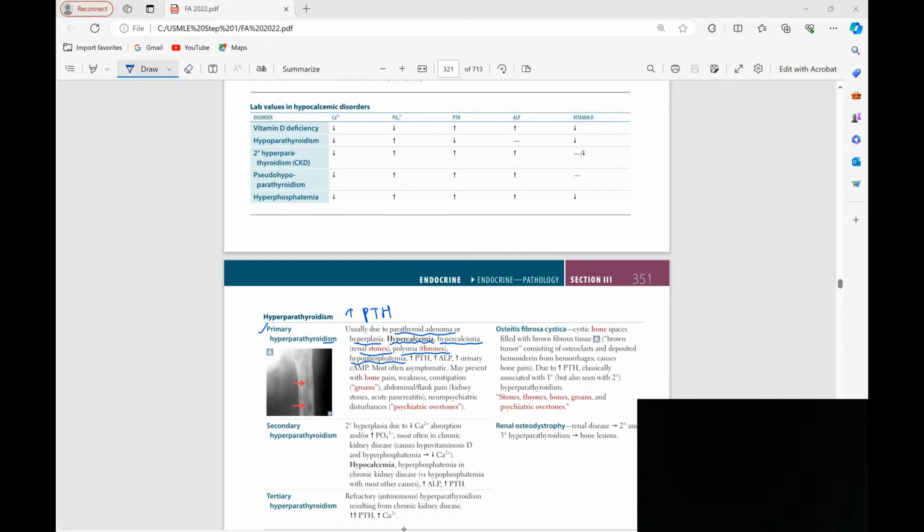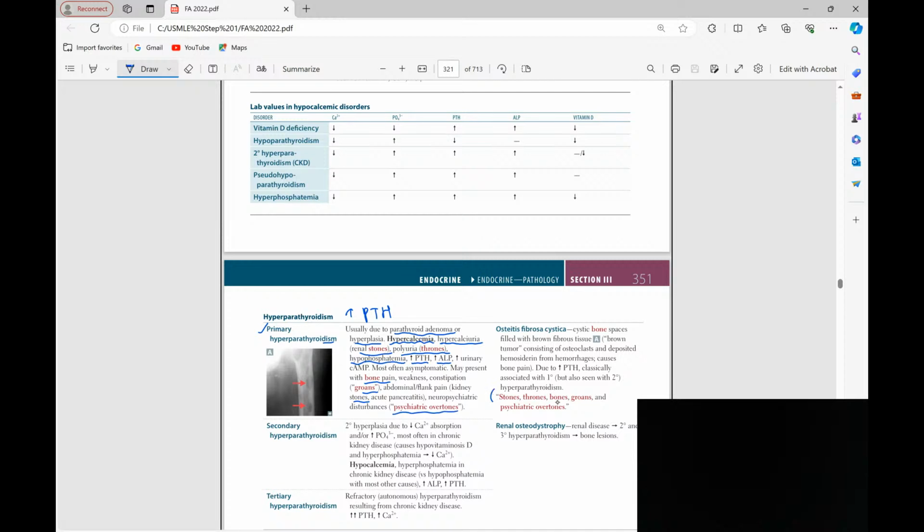I hope it becomes much clearer now that we know the physiology and the basic mechanism of parathormone. We can say the symptoms of hyperparathyroidism: increased PTH, increased ALP. And bone pain, that is bones, groans, abdominal pain, flank pain, kidney stones, neuropsychiatric disturbance, psychiatric overtones.